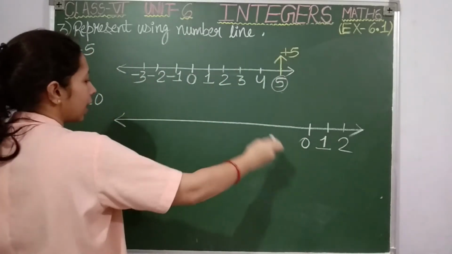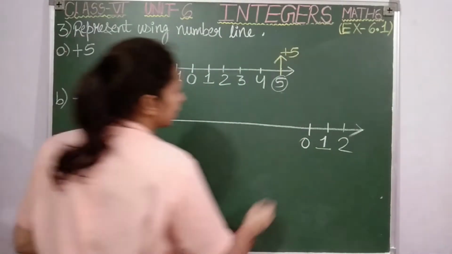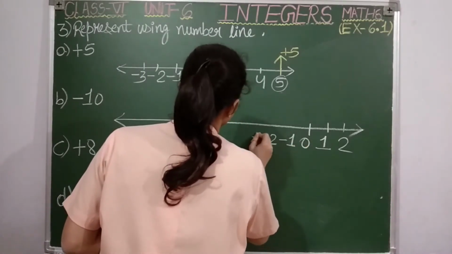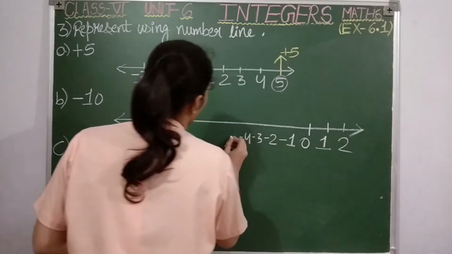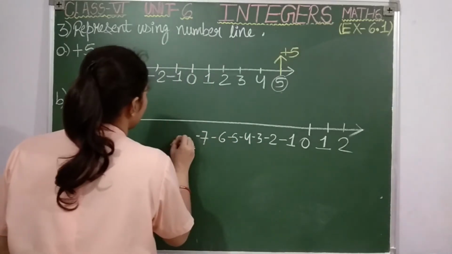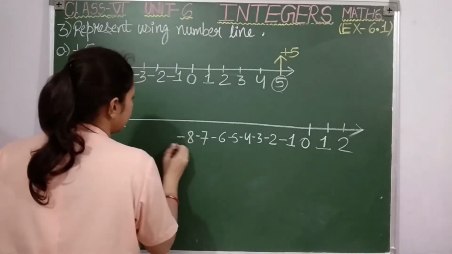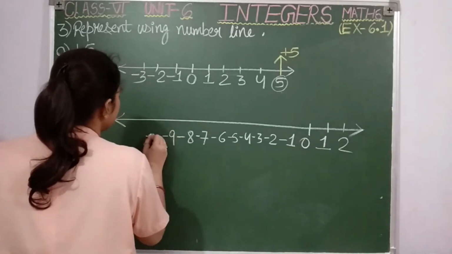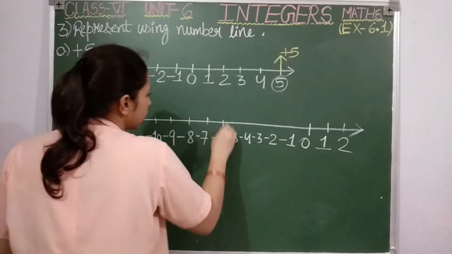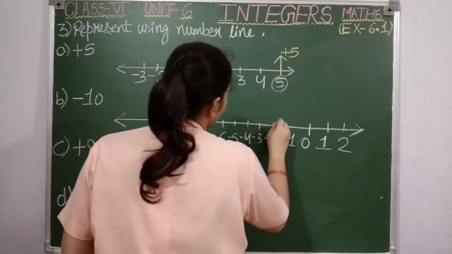Now for the left side I have to go up to -10. So let us mark the numbers -1, -2, -3, -4, -5, -6, -7, -8, -9, -10. In your notebook, when you draw, the distance between two integers should be the same.